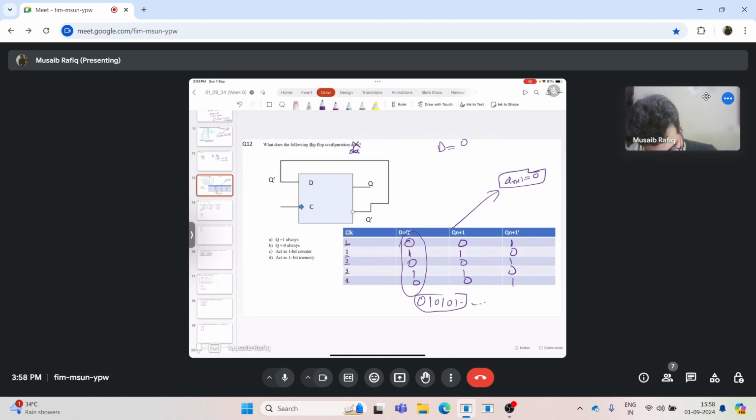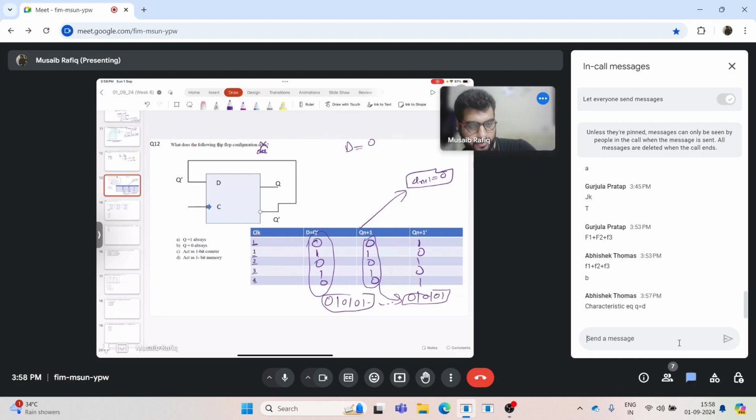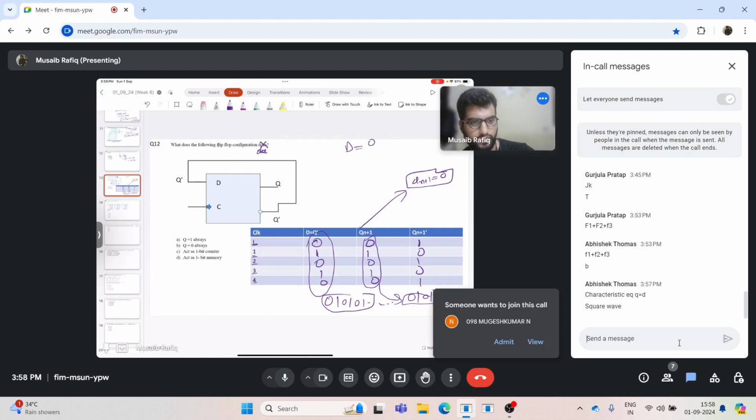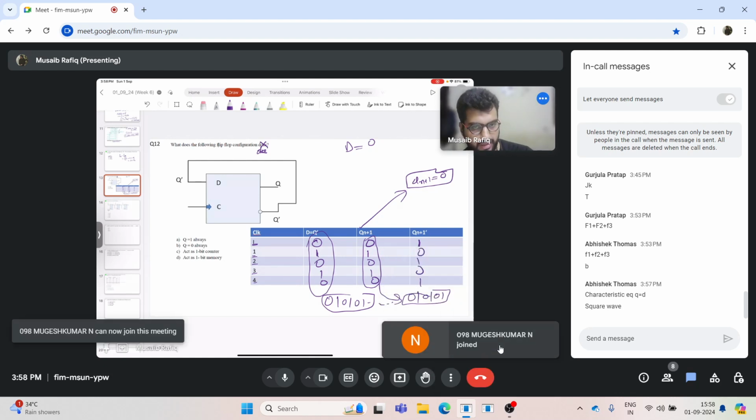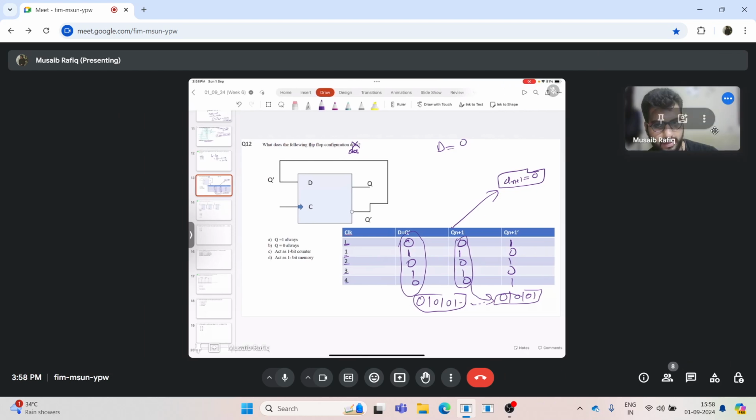The output is 0, 1, 0, 1, 0, 1. Can you tell me what this is? It is a square wave, but based on the options, what is it? Yes, it's a 1-bit counter. Correct.